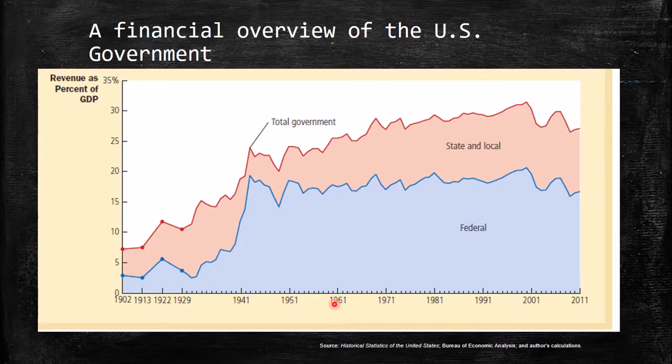Remember, GDP is the gross domestic product, basically the value of all final goods and services produced in a determined period of time, usually counted yearly. On the x-axis we have the 20th century and the first decade of the 21st century as well.